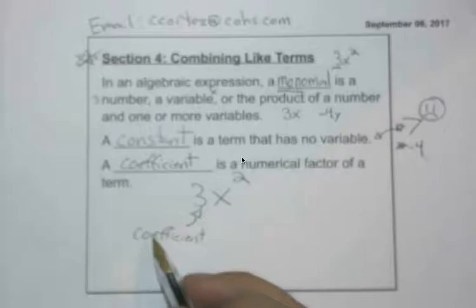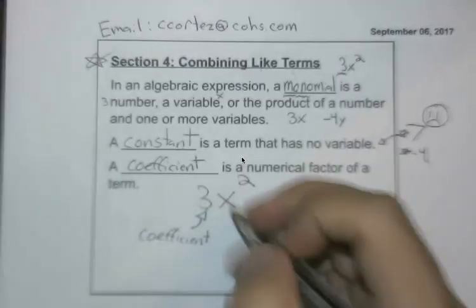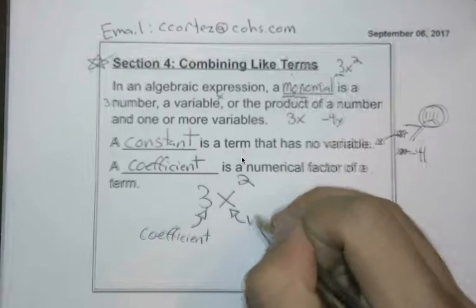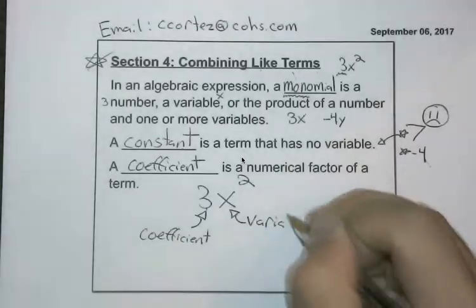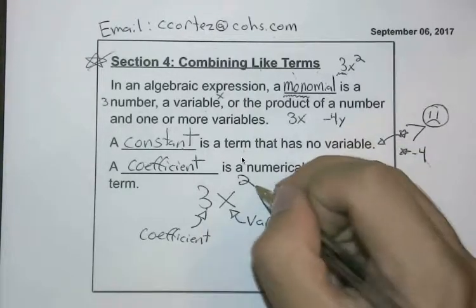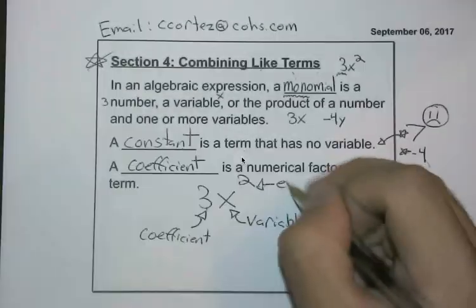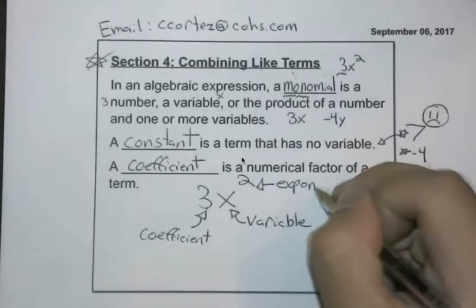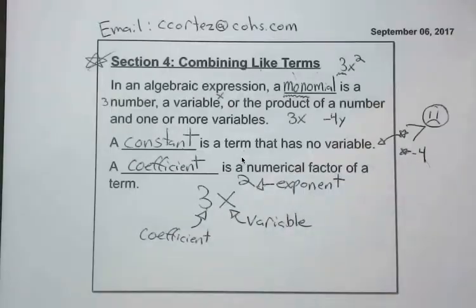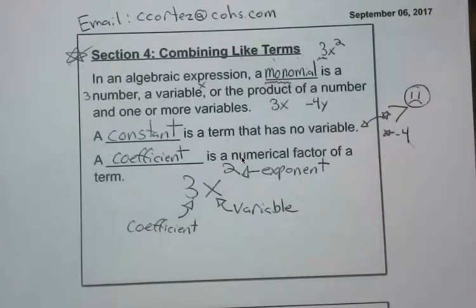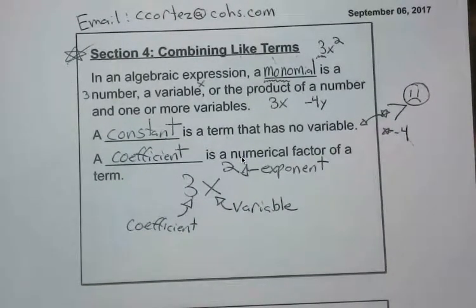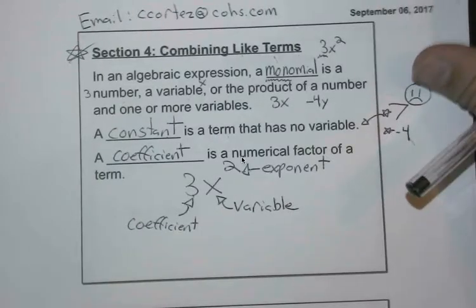The commander leads everything. So that's why the commander's in the front. We then follow this up with a variable and an exponent. Sometimes these are visible, sometimes we have to improvise based off of a fact that we'll see in the next part. So you may want to pause this, take all the notes, write down everything. This material does come back again. So I want to make sure everybody gets this.